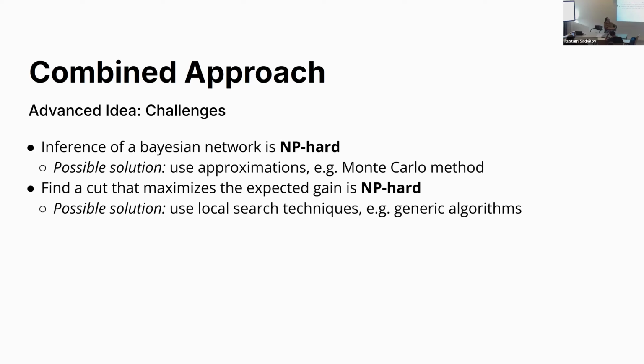And for the search of the cuts that maximize the expected value of gain, instead of normal search, we can try some sort of local search techniques like genetic algorithms or something different.